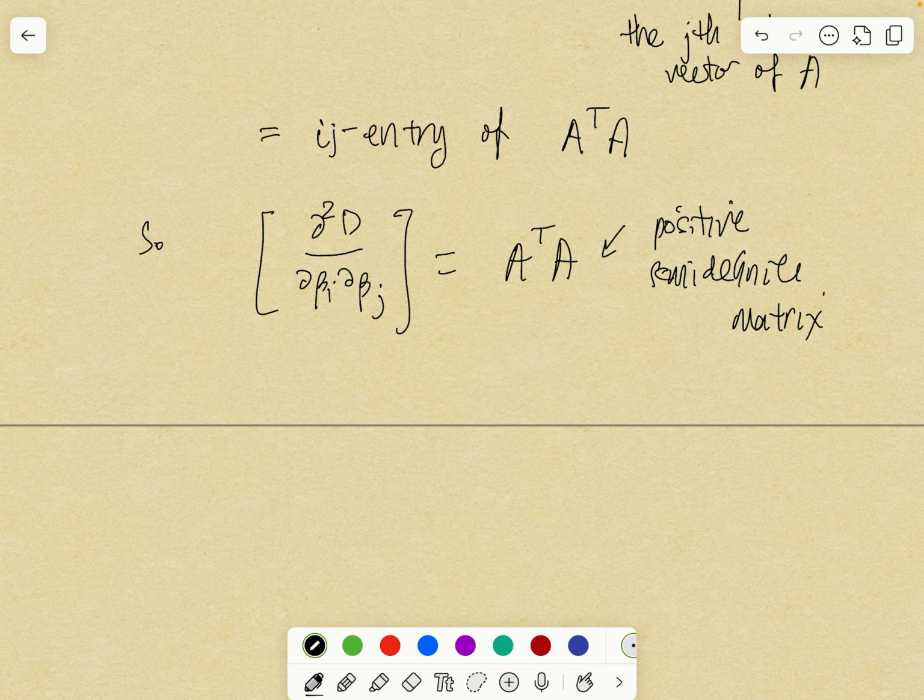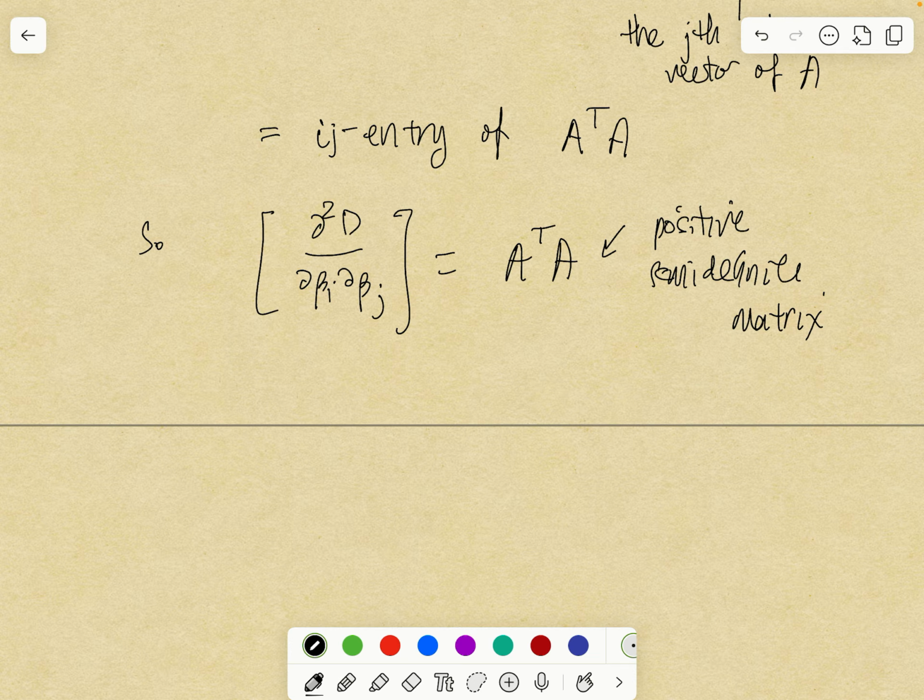And we know that when you have a positive semi-definite matrix, this matrix has eigenvalues that are either 0 or positive. So it doesn't have any negative eigenvalues. And therefore, you have to get a local minimum. Right. So that explains why you have a local minimum.